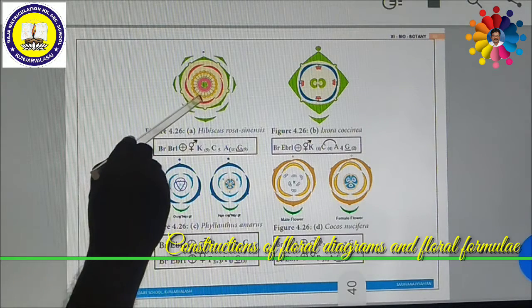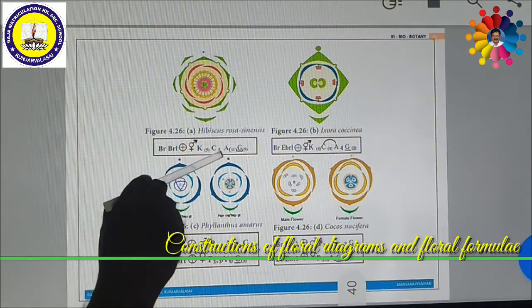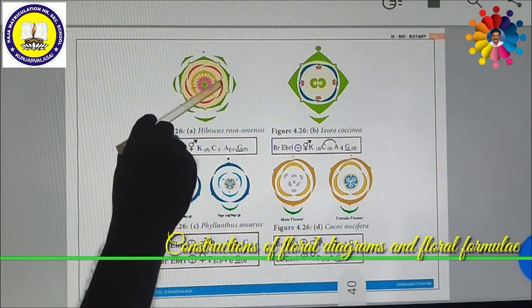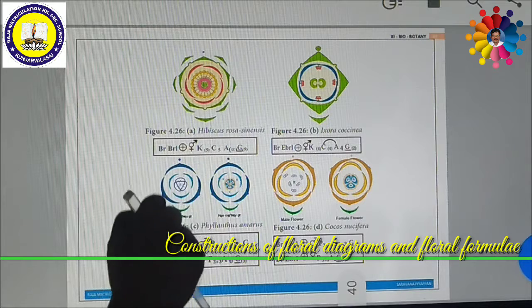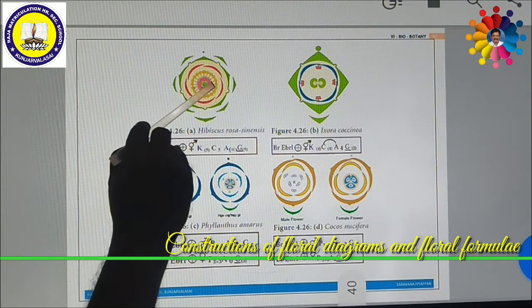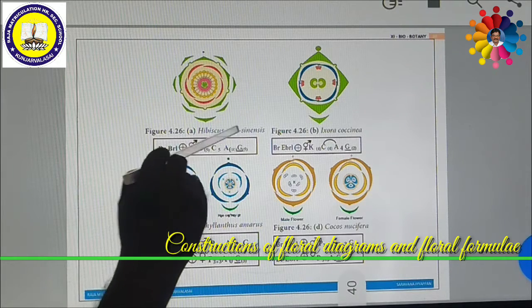Then corolla, there are 5 petals which are free from one another, that's why there is no bracket, C5. Then androecium, infinite, more in number, united together, A bracket infinite. Gynoecium, 5 carpels, superior ovary. Then all the carpels are united, so bracket.